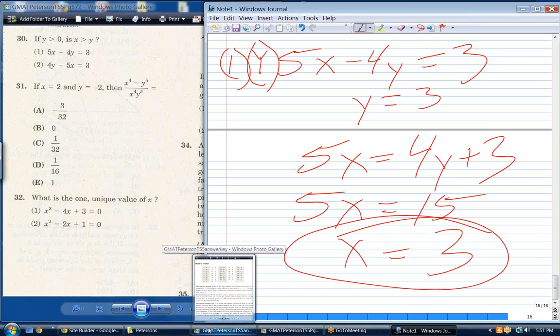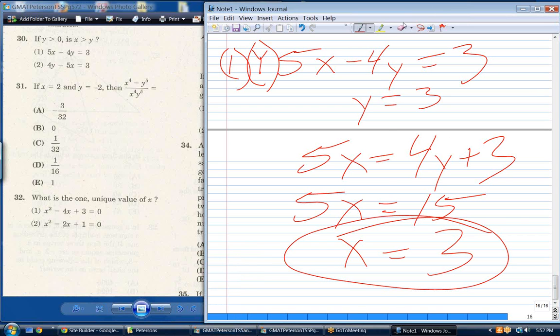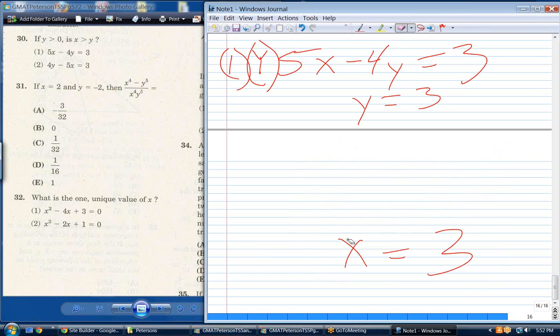So that's all I need to know. I need to try two numbers. I tried 1, x was bigger than y. I tried 3, they were equal, so statement 1 alone does not answer it. So from what we saw before, it's not true. I was wrong. And the reason I was wrong is because I happened to pick numbers that verified x being bigger than y, both numbers I picked.